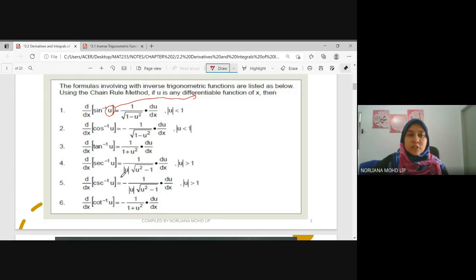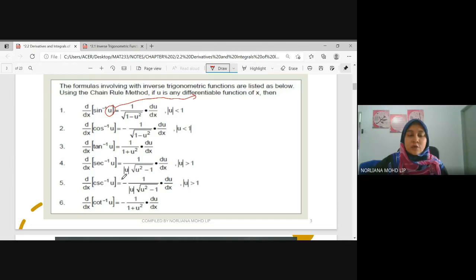And then number 4, the differential of inverse secant is 1 over the absolute of u times square root u square minus 1 times du over dx. The last one is similar, but negative.